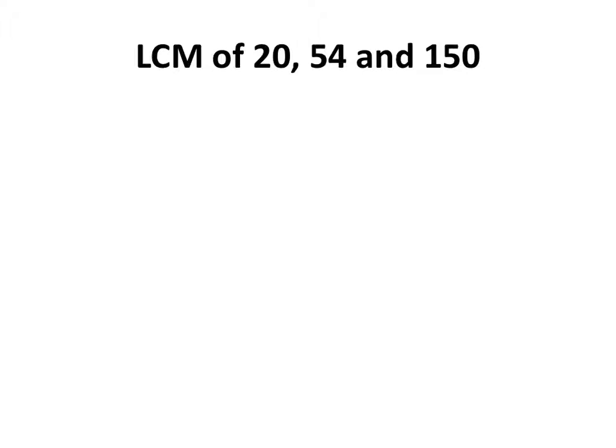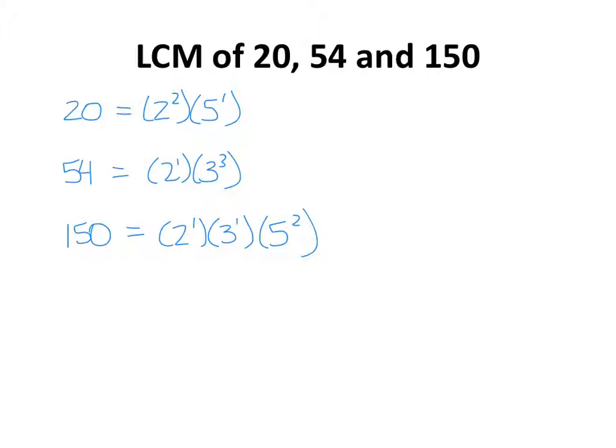Building off what we understand, we'll try and find the least common multiple for 20, 54, and 150, once again starting by taking a few moments with the video on pause to find our prime factorizations. Looking for our unique factors, every factorization includes a power of 2, the largest power of 2 being 2 squared.